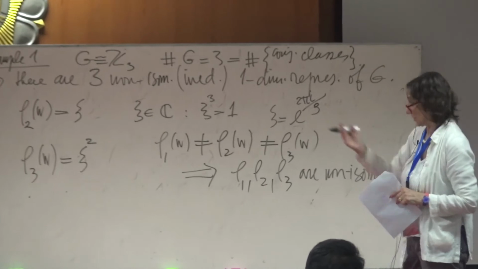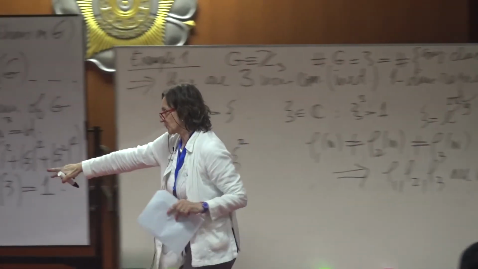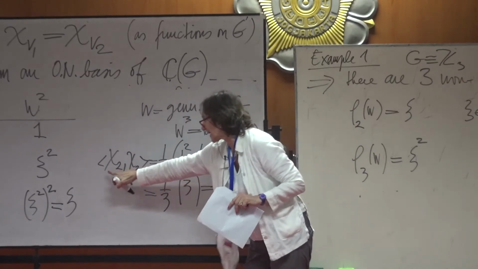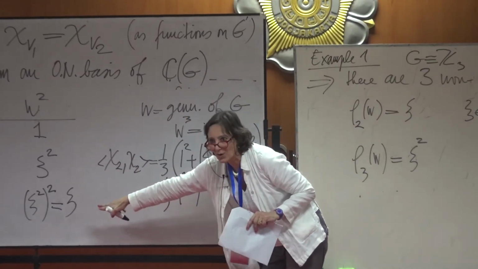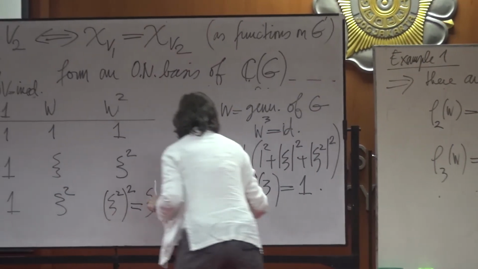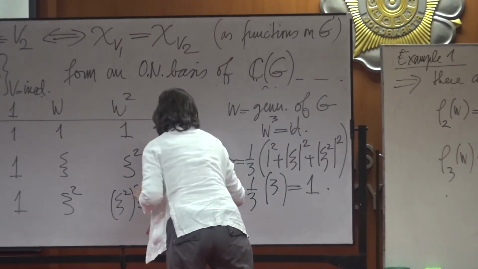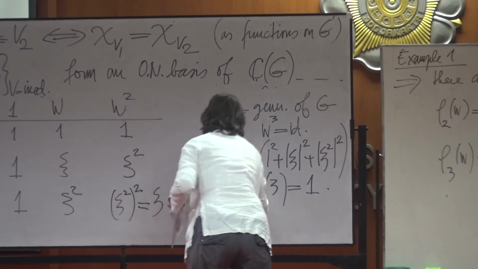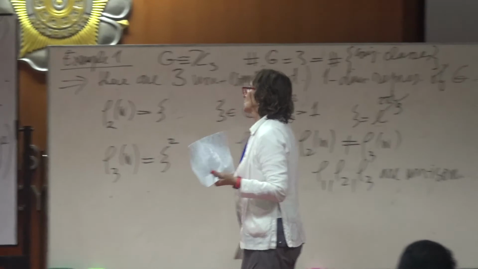Right? And the same holds for this. You see, the norm square of chi 2 is the same as the one of chi 3. So this is also equal to chi 3.